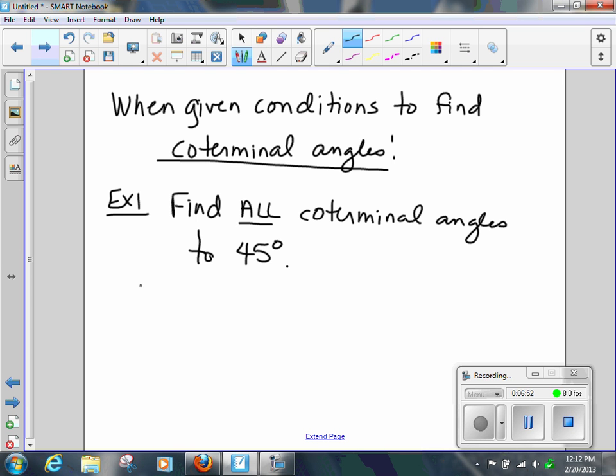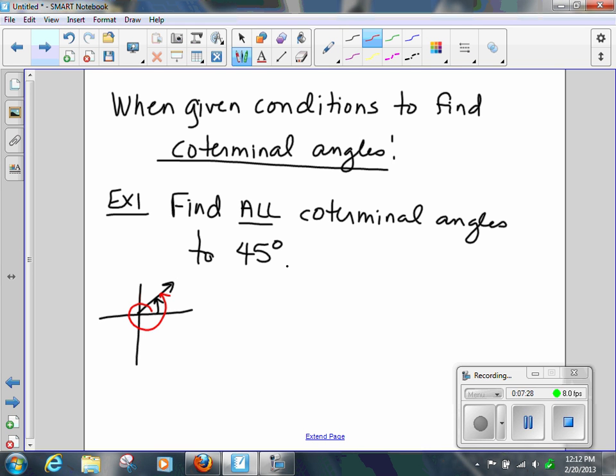If I graph 45 degrees, there it is. What other angle is coterminal to that? What would I have to do? Add it. Add it to what? Oh, so because you're thinking math, I think typically drawing, right? So if I were to draw that angle that Dylan wants to just add 360 to, Dylan's angle is in black, the first one, 45 degrees. My angle is in red.